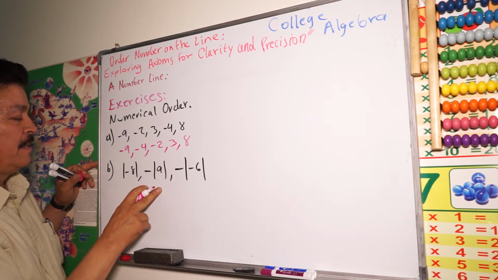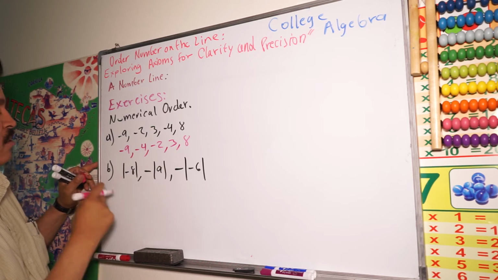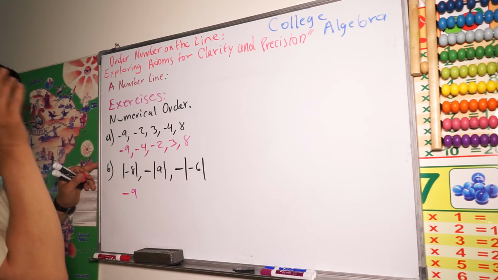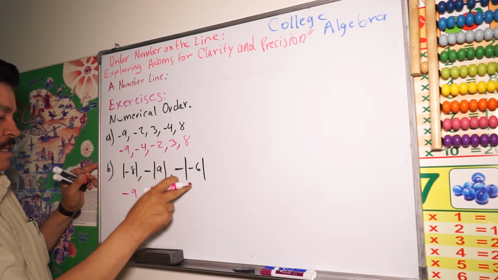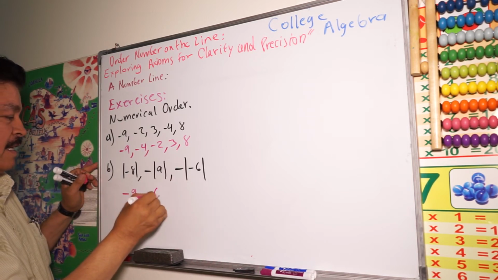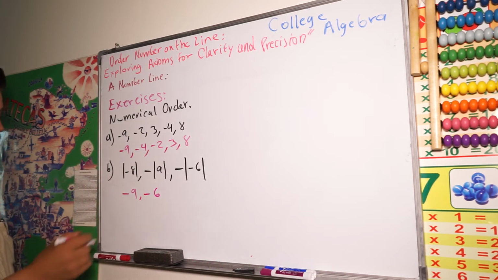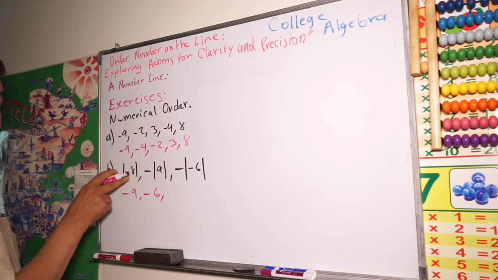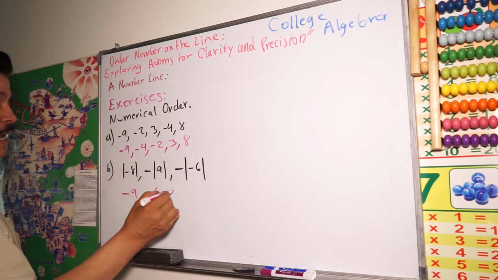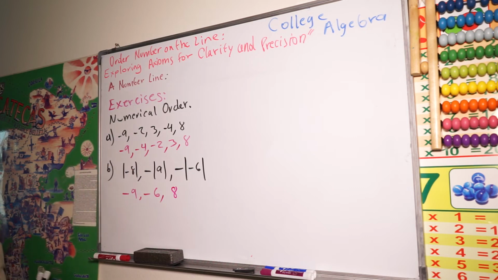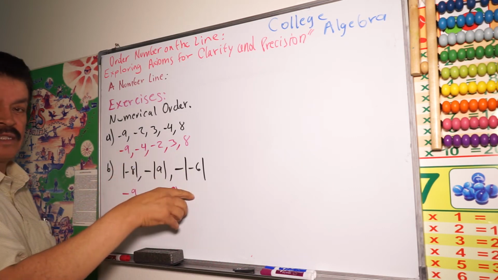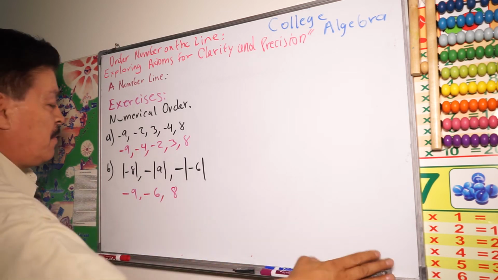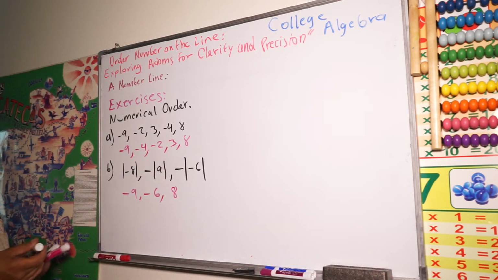This number is negative 9, right? This one is going to be negative 6, right? And then the absolute value of negative 8 is going to be 8, positive. Always the absolute value is positive, okay? So this is the solution.